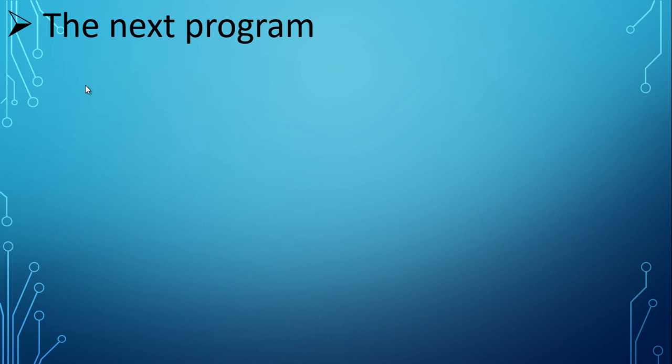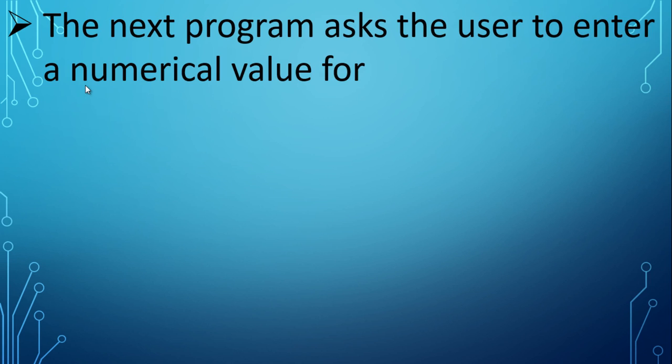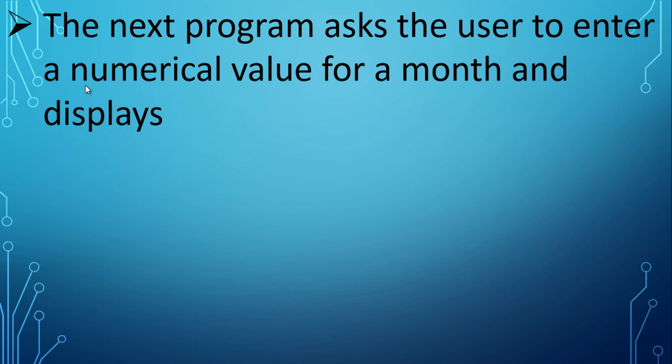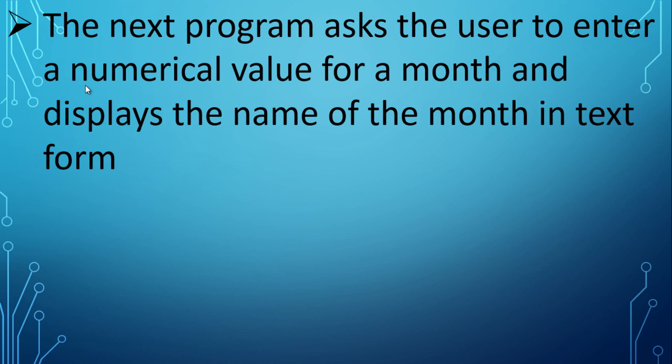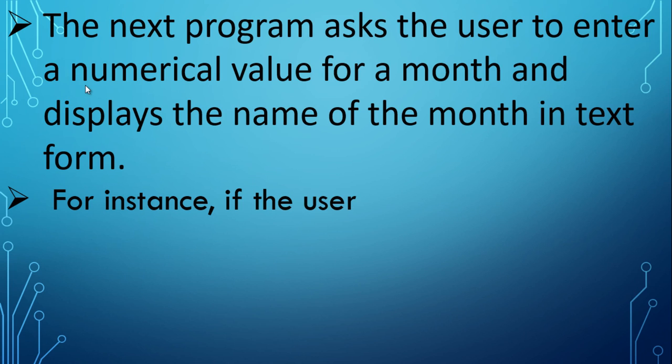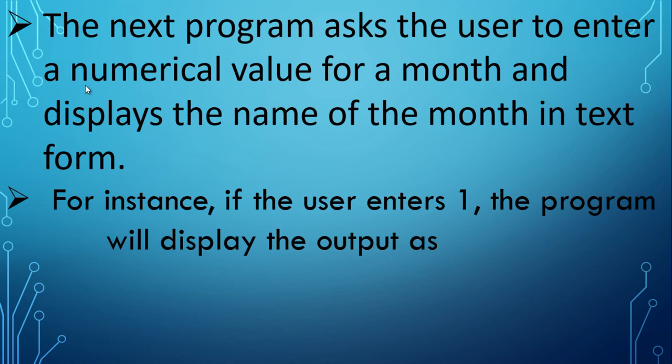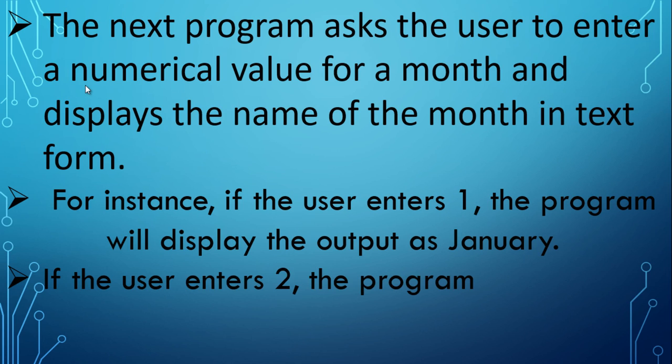In this program we ask the user to enter a numerical value for a month, and it displays the name of the month in text form. For instance, if the user enters 1, the program will display January. If the user enters 2, the program will display February, and so on.